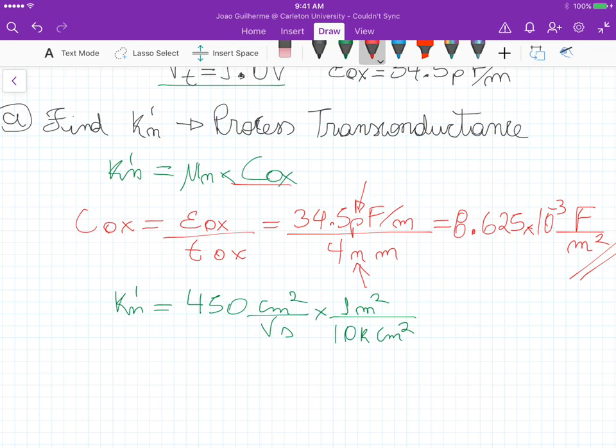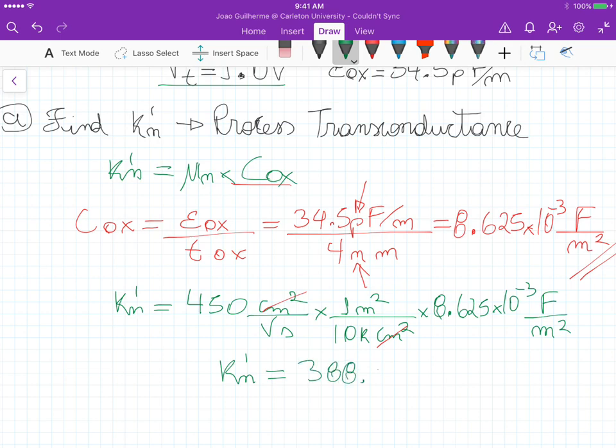So this one cancels with this one, times those 8.625 times 10 to the minus 3 farad per square meter. So the process transconductance is equal to 388.125 microampere per square volt.